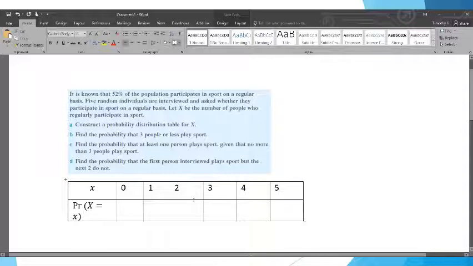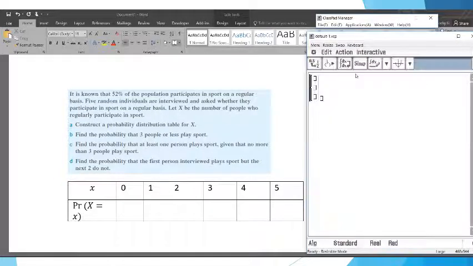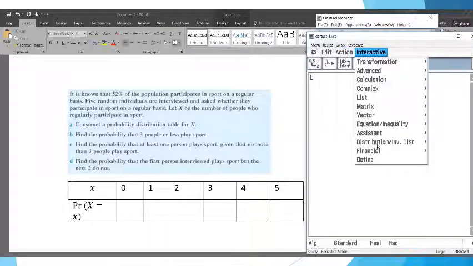Now for each of the probabilities, we can figure out the values by using the distribution function. So if you go on Main, we'll clear that. Interactive, Distribution. Now, there's 2 types, continuous and discrete.